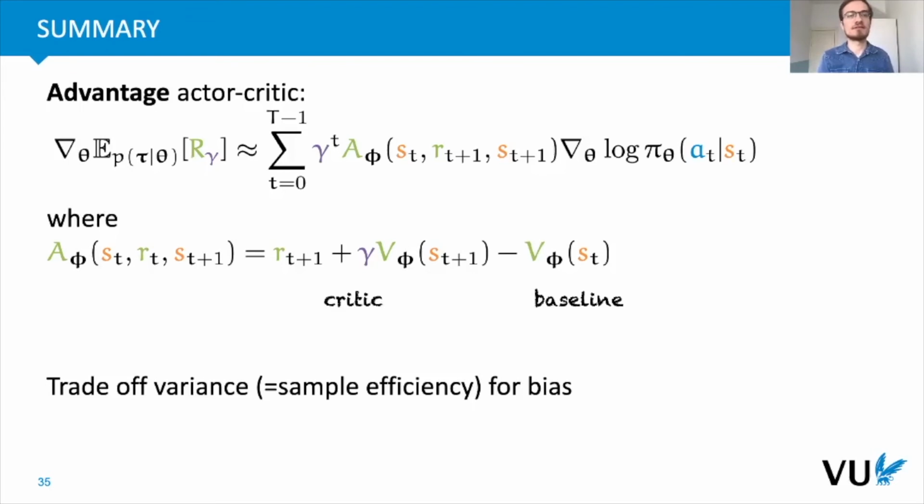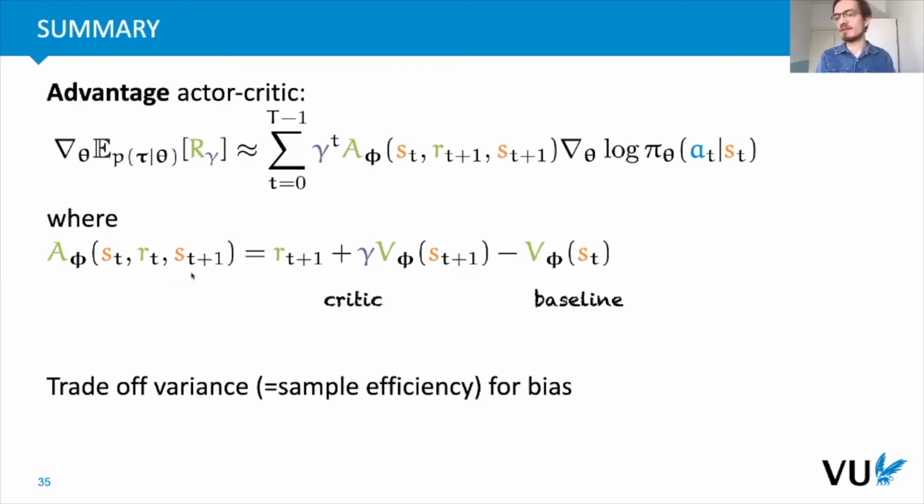So to summarize the advantage Actor-Critic algorithm, we estimate the policy gradient using a biased version, but we use this advantage function instead of the discounted reward to go that we sample using a Monte Carlo rollout.